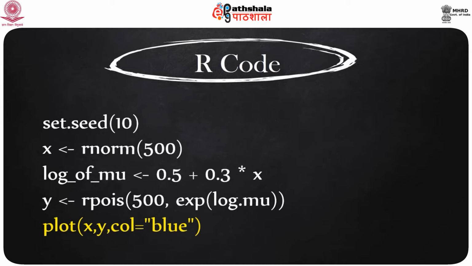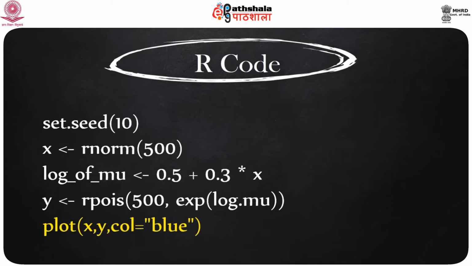Now our next job is to have a linear combination of these predictors, which is beta naught plus beta 1 times the predictor variable x. This is actually the log of mu. So log of mu is equal to 0.5 plus 0.3 into x, since we have fixed the values. And we are storing the values of these within the variable log_of_mu.